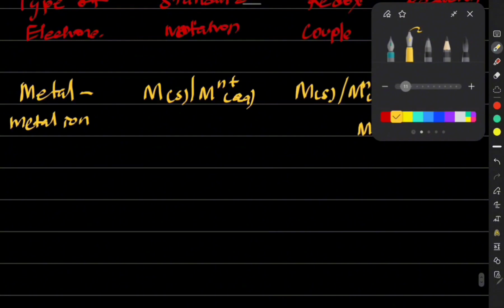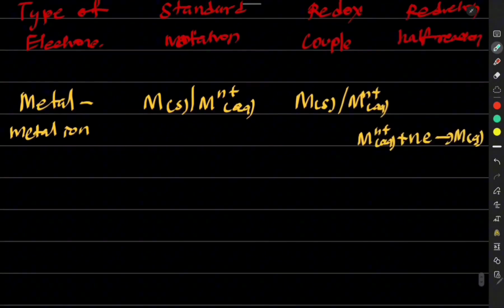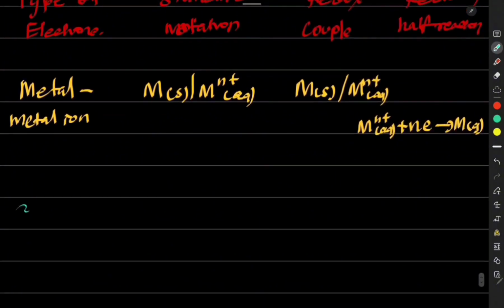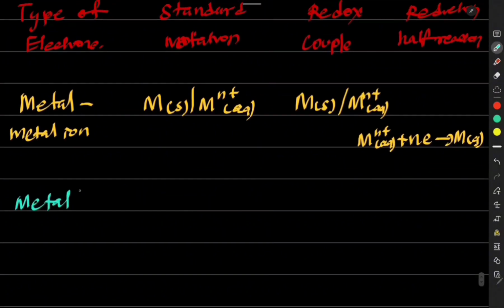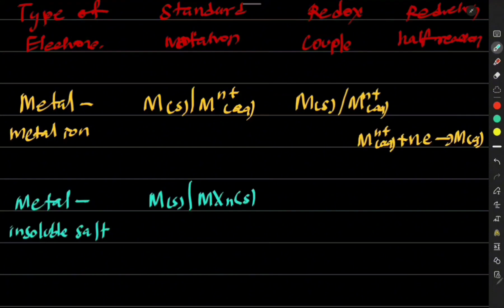And the second electrode is metal and insoluble salts: M solid interface MxNy solid and X minus ion aqueous.